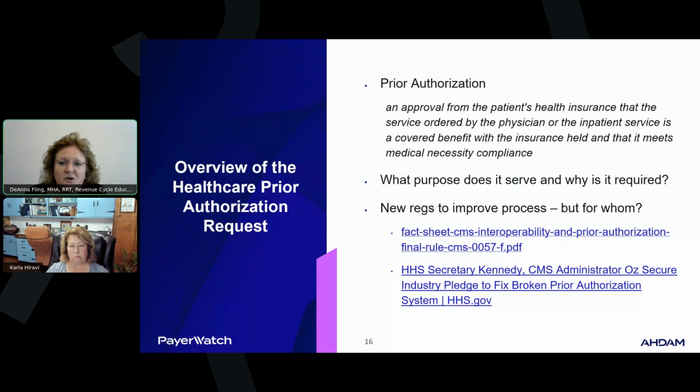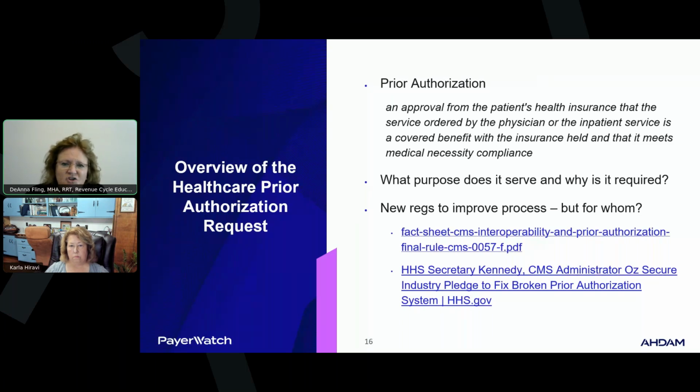Also, just a few months ago, under a pledge between CMS and large insurers, these healthcare insurers pledged 6 key reforms aimed at cutting red tape, accelerating care decisions, and enhancing transparency to their members.